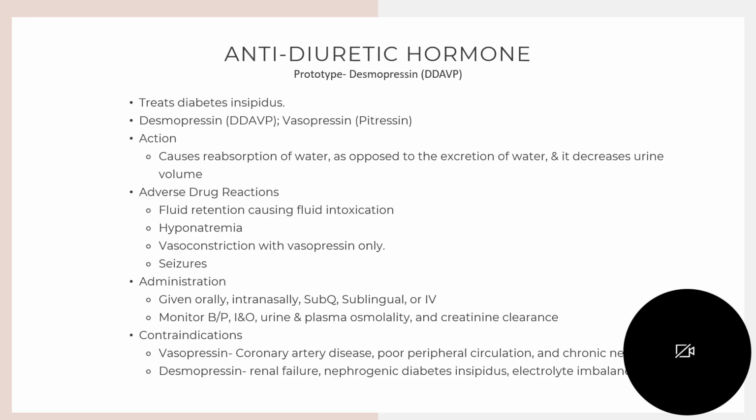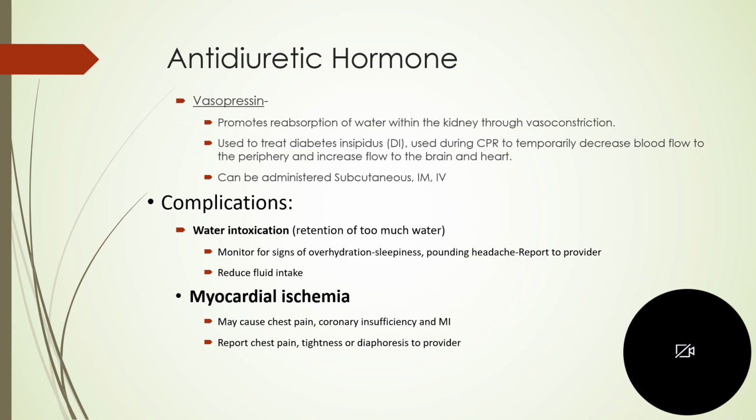So, for vasopressin, because that one specifically causes vasoconstriction, I would want to use that cautiously or not administer it in heart disease or people with impaired circulation. Okay, I can't go back. Let me pause.